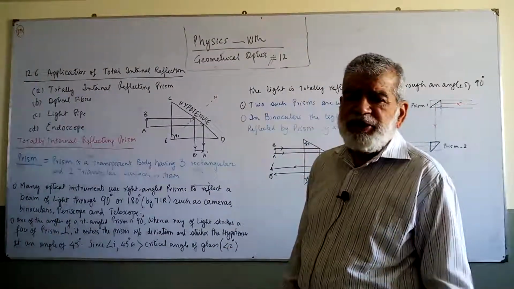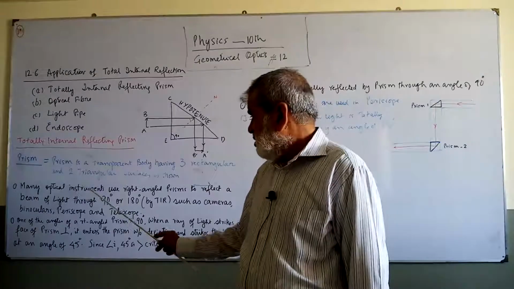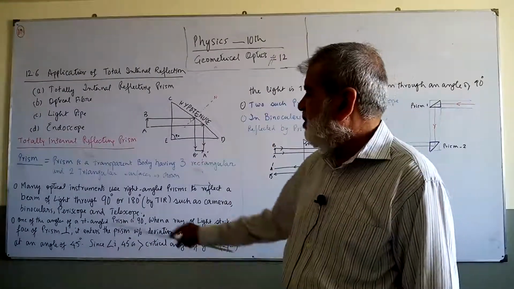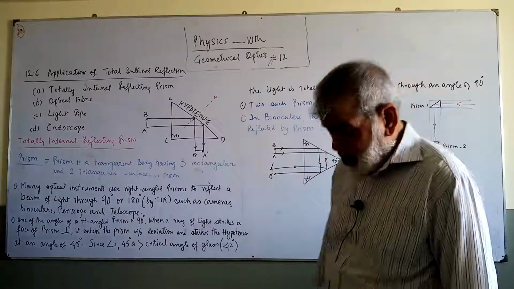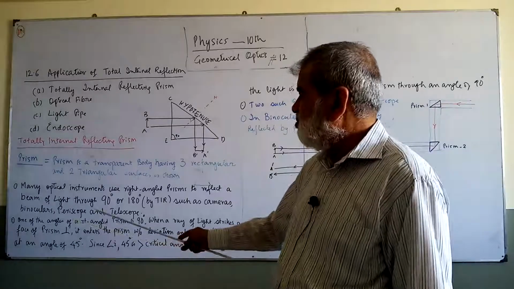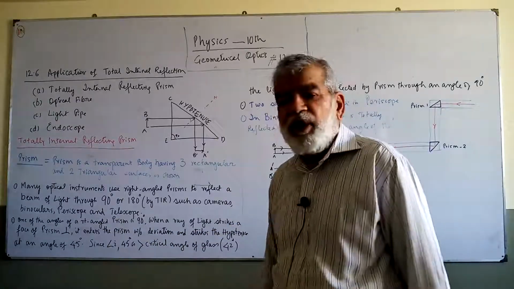Many optical instruments use right angle prisms to reflect a beam of light through 90 degrees or 180 degrees, such as cameras, binoculars, periscope and telescope.